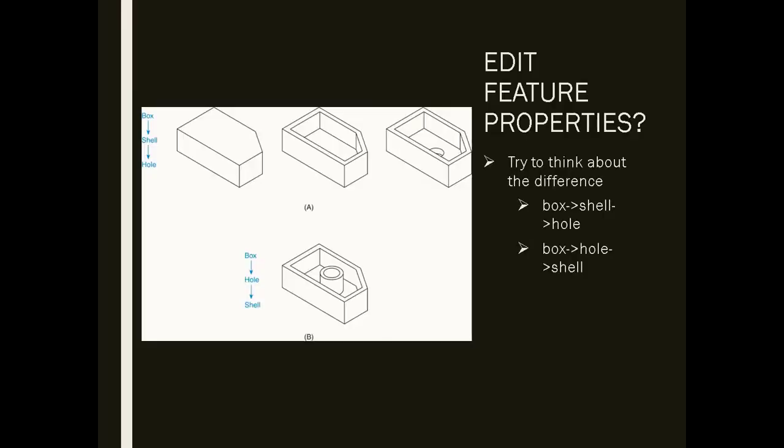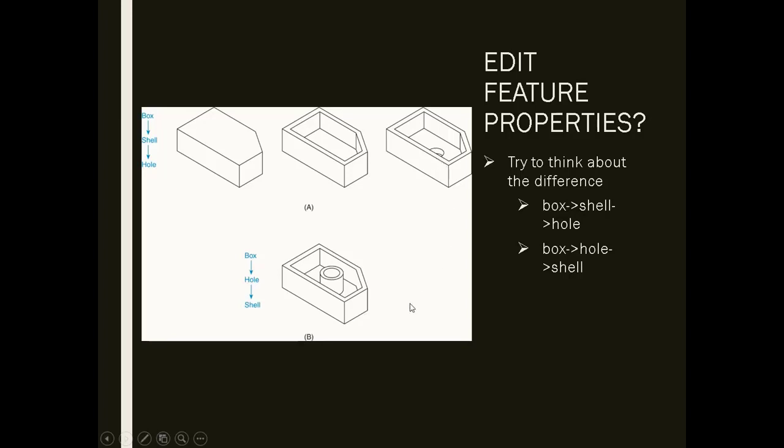So when you're editing your feature properties, you need to think about the difference on how you're going to approach your design. So if we started with our box for both of these examples, and then we shelled it and then created a hole, we'd have what we see in A. A whole shelled box and then that hole extrude just on the bottom.